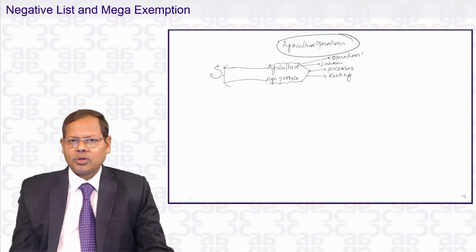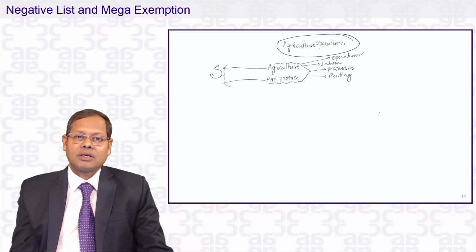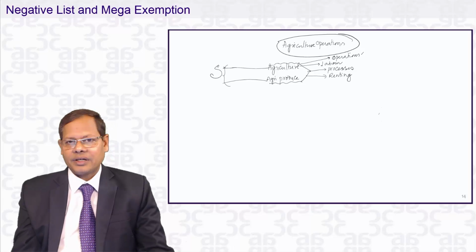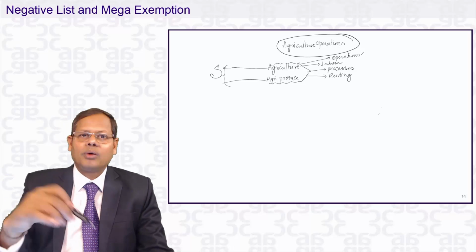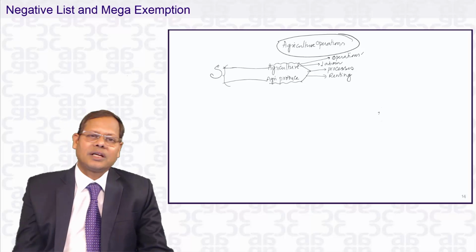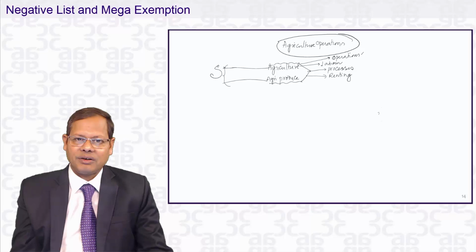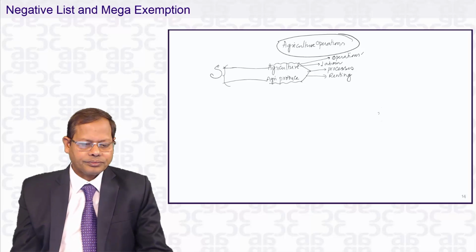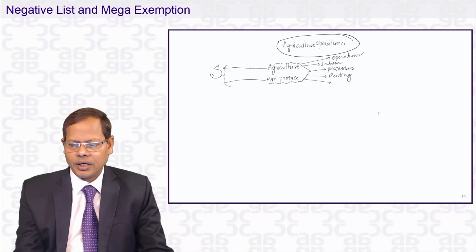When you talk about agro machinery equipment on rent, even if you engage a tractor, or you rent a tractor or rent out a tractor, because tilling operations, tractor does some agricultural operations, that falls under agro machinery. That is in the negative list. Renting, and also storage, loading, unloading.